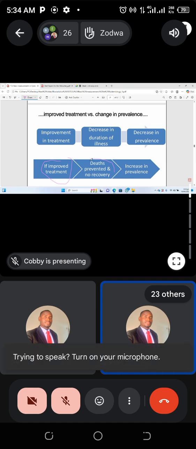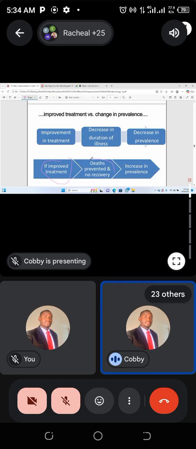They still have the disease, so we still have the old cases, and there are new cases coming in every day. That means the number of people who are sick is increasing. It will not be reducing because death is now prevented, which was reducing the number of cases. Thank you very much for that wonderful explanation.